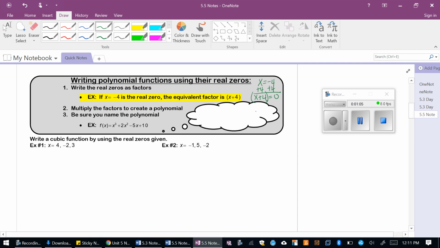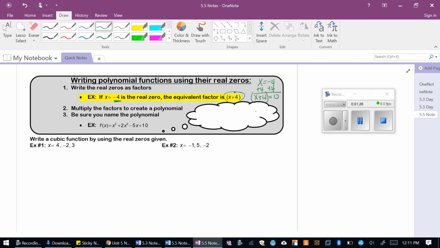As long as the coefficient in front of x is 1, you can just take the opposite. So the zero was -4, and the factor then could be x plus 4. Then we're going to multiply the factors together and name them.